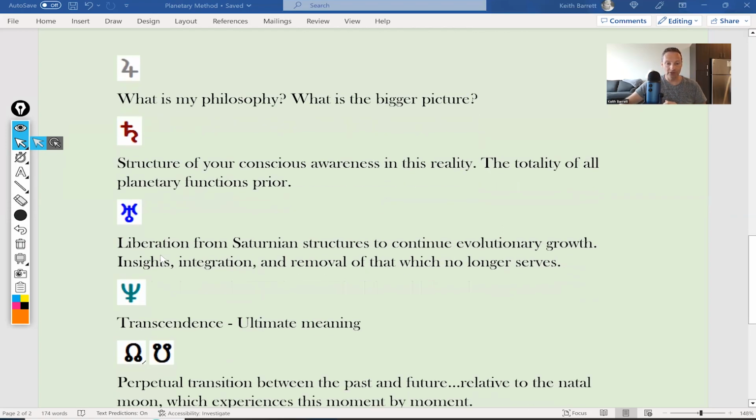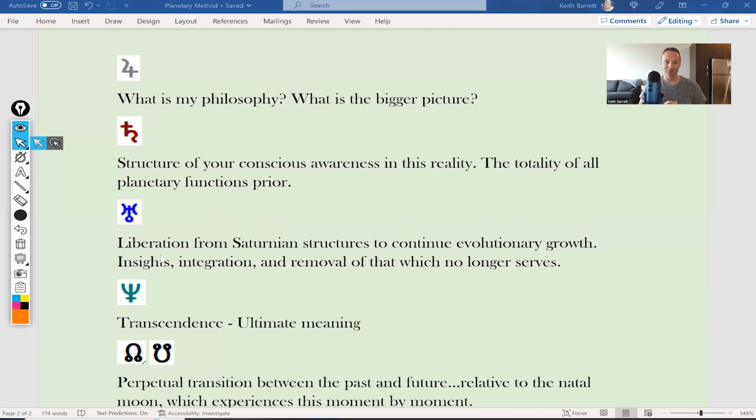And then you go outside of that to Uranus. And so Uranus is, well, once I build a structure, Saturn, that's cool because I have a structure. But for my evolution, that structure is going to need to change at certain points in time. And so Uranus is liberating from Saturnian structures, right?